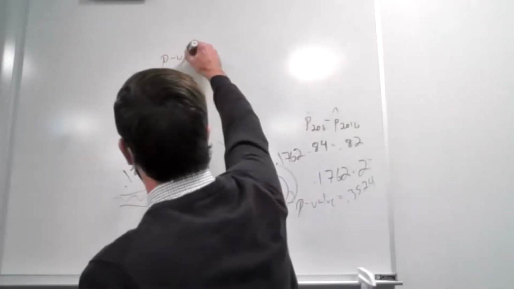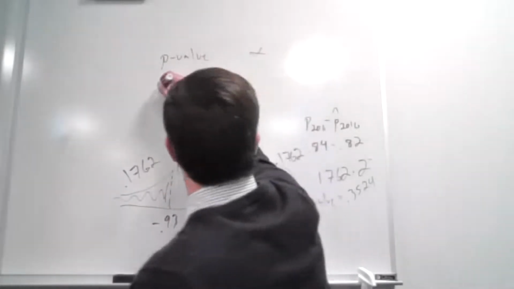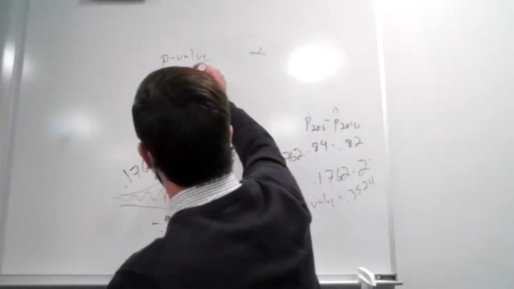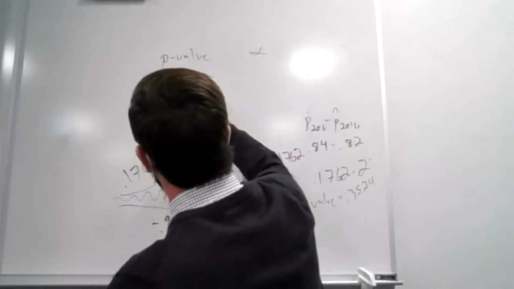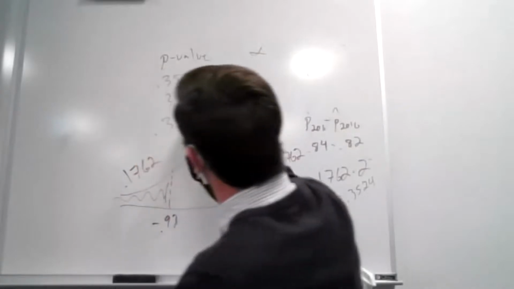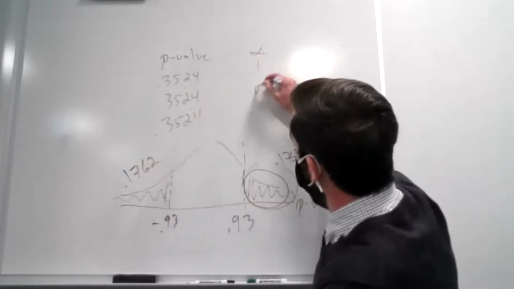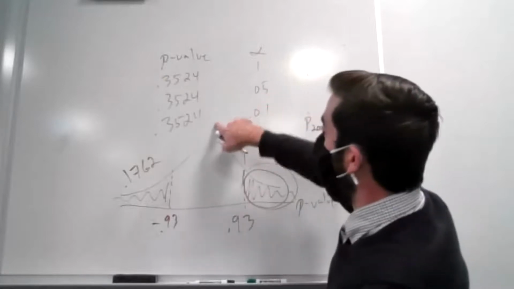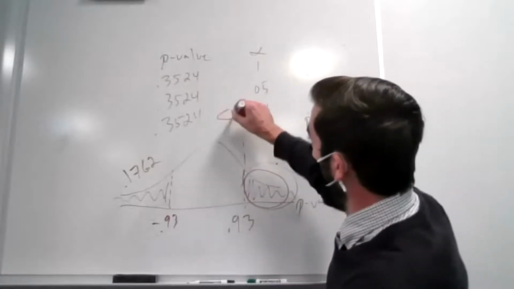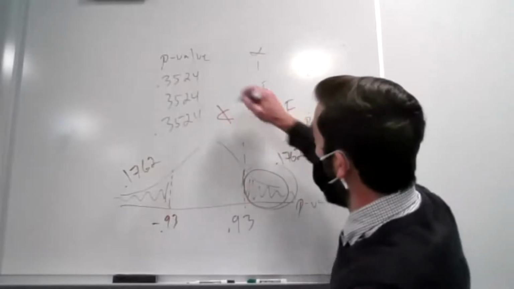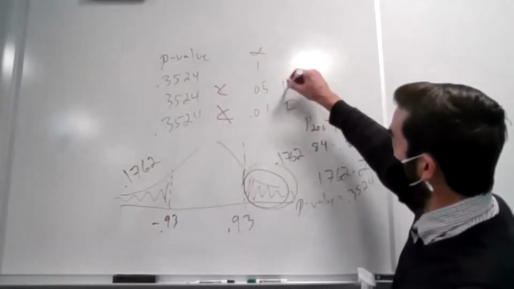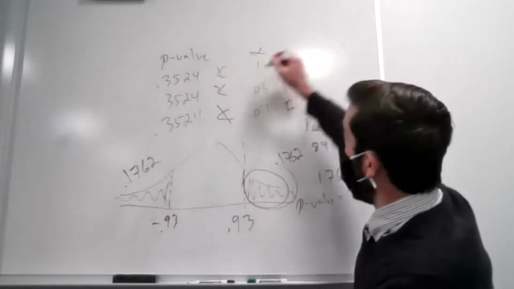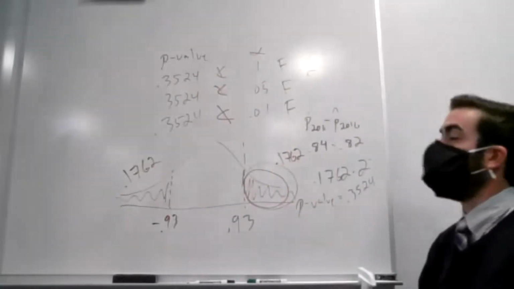So here's p-value, here's my alpha. My p-value is always going to be the same. Is 0.35 less than 0.01? No, so I fail to reject. Is it less than 0.05? No, so I fail to reject. Is it less than 0.1? No, so I fail to reject.